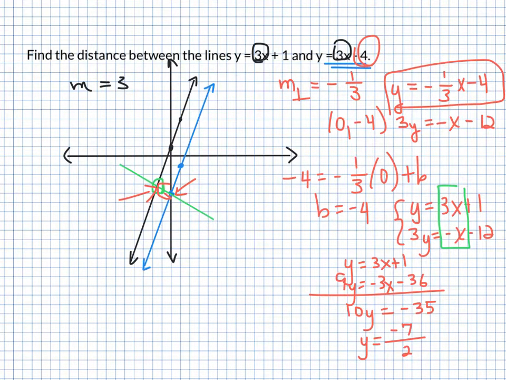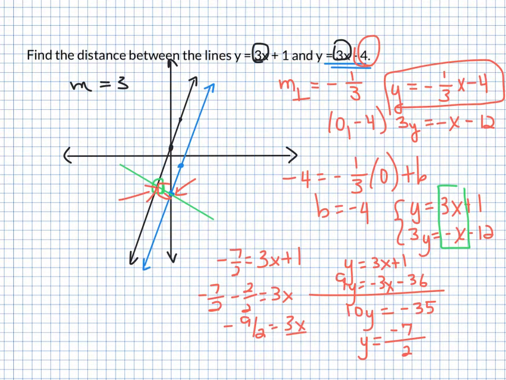If y is equal to -7/2, then I can substitute and get that -7/2 is equal to 3x plus 1. I'm going to subtract 1, which is 2 halves, so -7 halves minus 2 halves equals 3x. So that's -9 halves equals 3x.